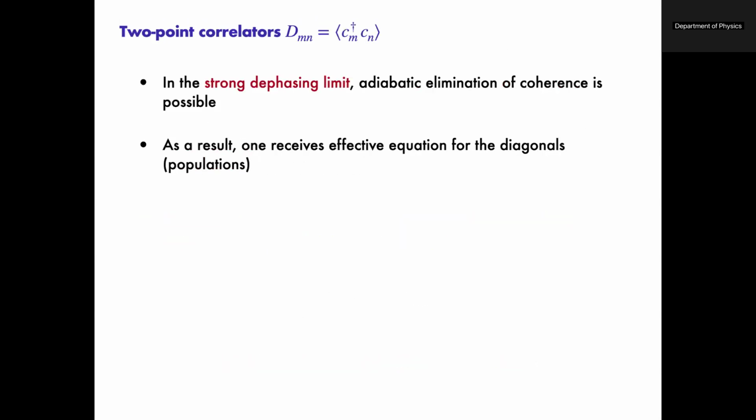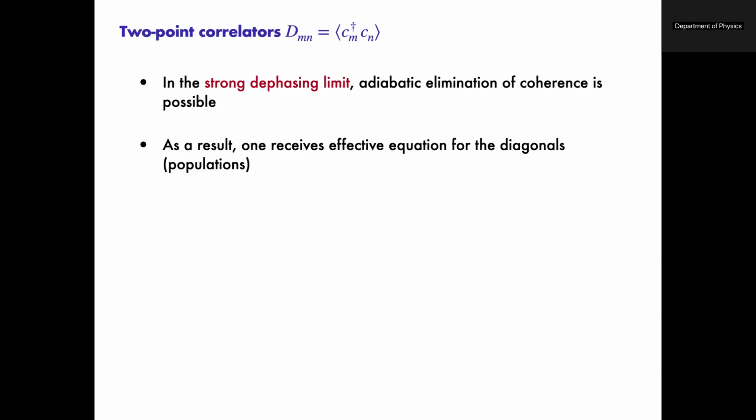If you think of 2 point correlators, you can think of this as a matrix, with m and n going over the lattice. If you take strong dephasing, you can actually show very nicely that all off diagonals very quickly decay, and the entire dynamics can just be described in terms of diagonals.